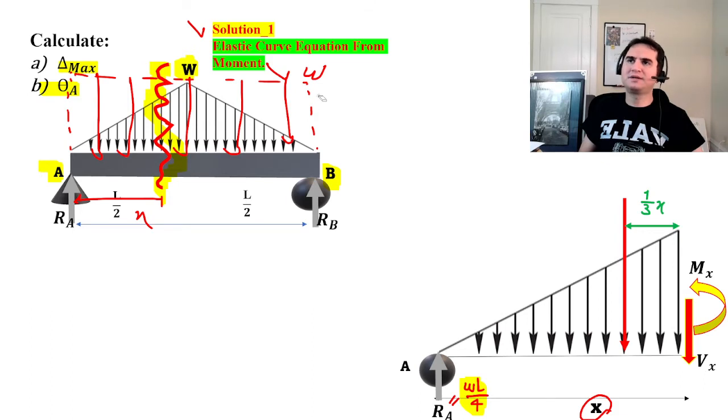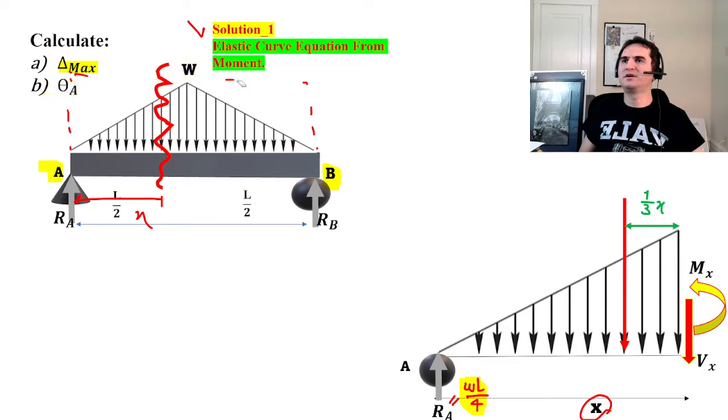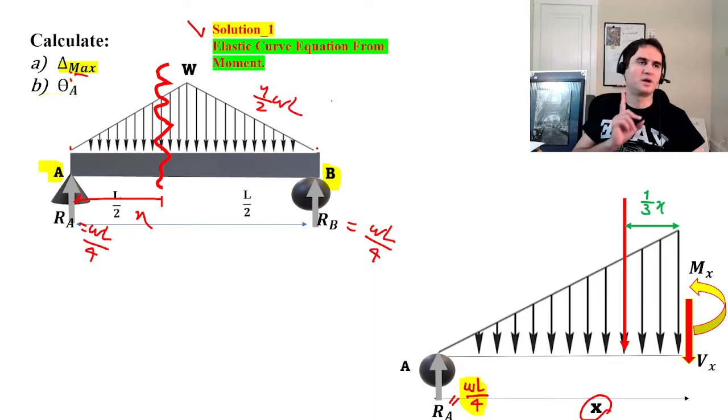But because our case is half of that, by simply looking at the geometry of the figure, you can easily find that it's half of that. So that's WL over 4. RB is identical to RA, WL over 4 as well. Each of them takes a quarter of WL, which together make up half of WL, the combined load.